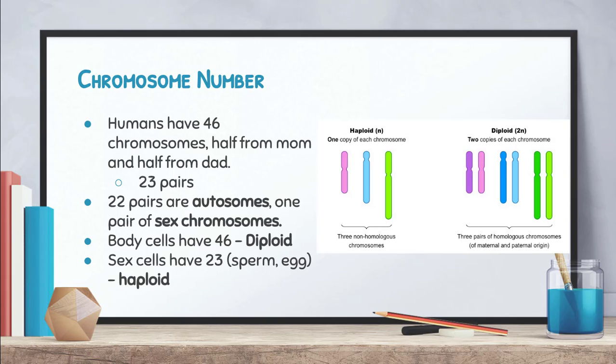Sex cells are also called haploid cells, meaning that they only have one of each set of chromosomes. So key things to take away here: haploid means you have one copy of each chromosome, and diploid means you have two copies of each chromosome. 23 pairs of chromosomes exist inside of each of your cells, 22 pairs are autosomes, and one pair is sex chromosomes, which determines the sex of the offspring.